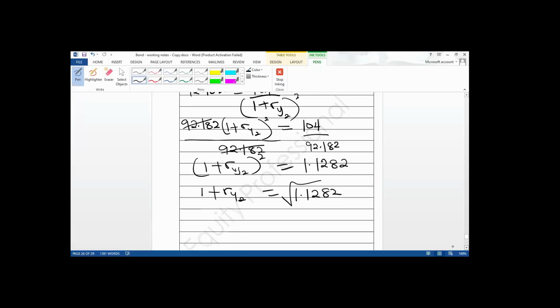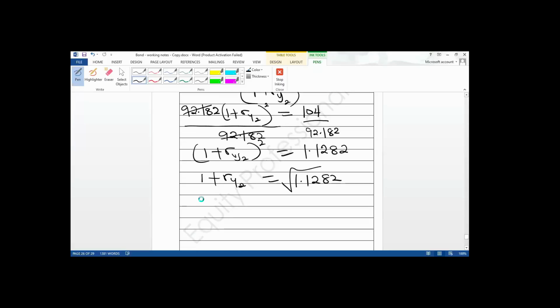We have 1 plus R in year 2 is equal to 1.0622.